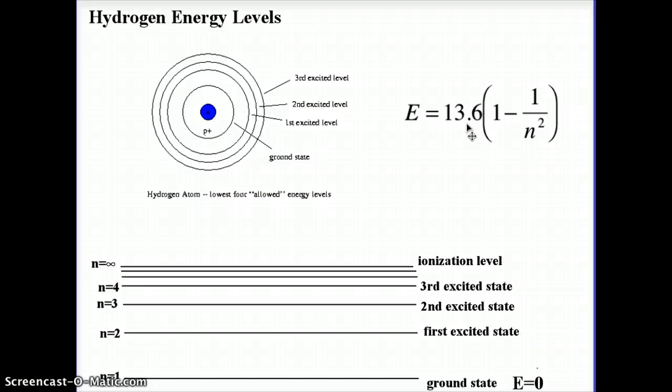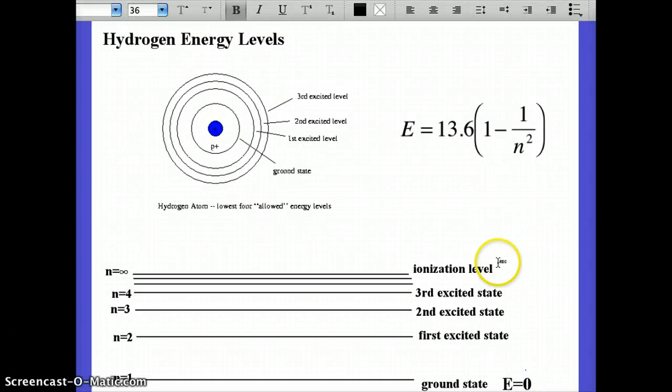The 13.6 is relevant because if you have done some advanced math, you can imagine putting infinity in here for n. 1 over infinity is 0, so 13.6 times 1 minus 0 is 13.6. The ionization level, this n equals infinity, has an energy of 13.6 for hydrogen.